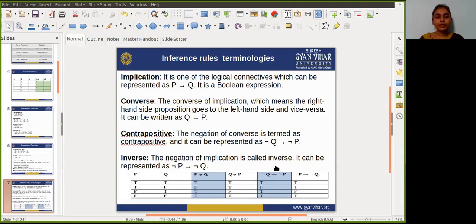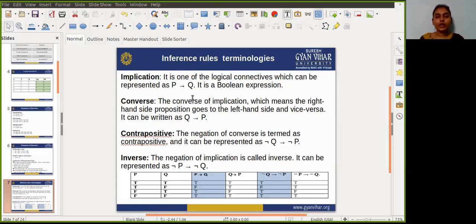So what is an inference rule? Inference rules are the templates for generating valid arguments, or you can say inference rules are applied to derive proofs in artificial intelligence.